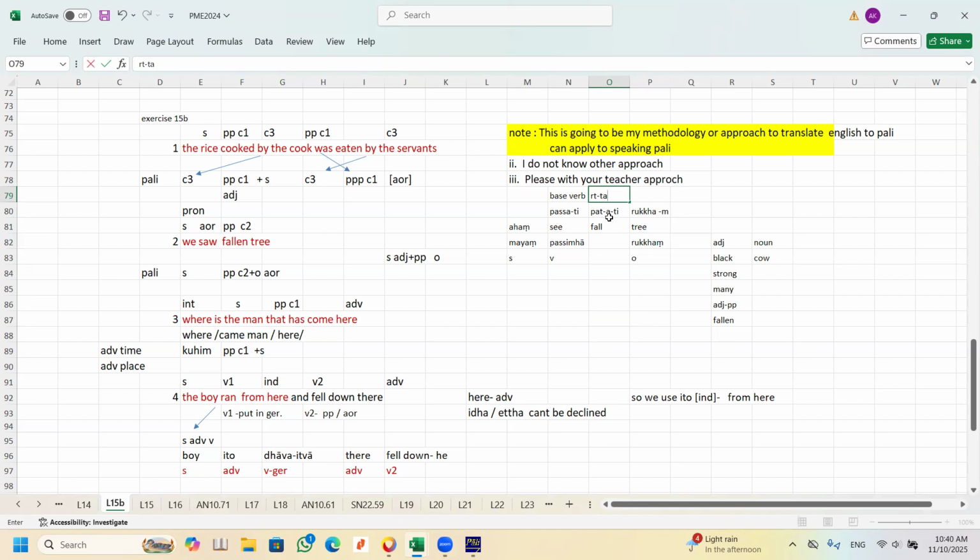In this case the R changes to I, and the A changes to I, so your PPP is patita, right?